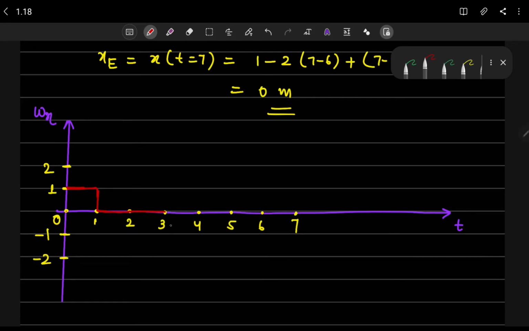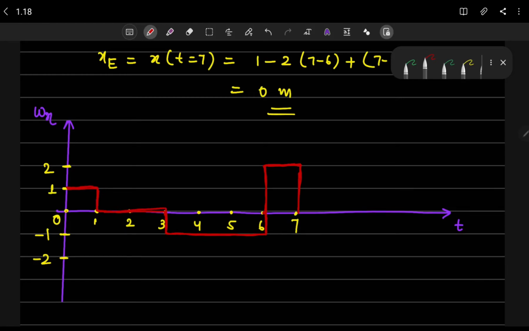From t is equal to 3 to t is equal to 6, the acceleration is minus 1 meter per second square, that is the region between C to D, and from t is equal to 6 to t is equal to 7, the acceleration is 2 meter per second square. Okay, so this is the acceleration profile we have got.